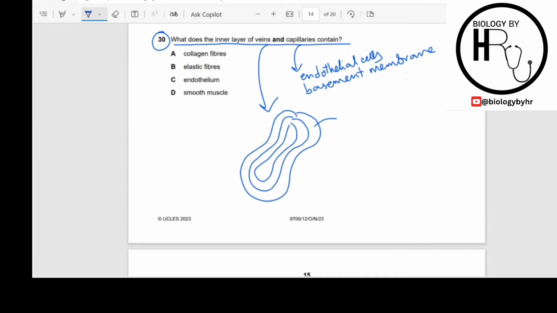One is the tunica externa, the second is the tunica media, and the third layer is known as the tunica intima.